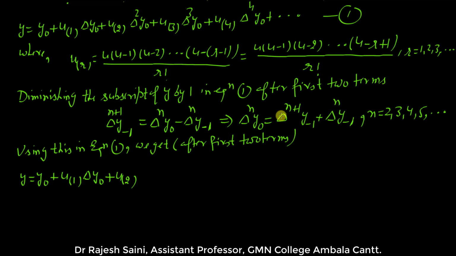So it will be delta 3 y minus 1 plus delta square y minus 1.